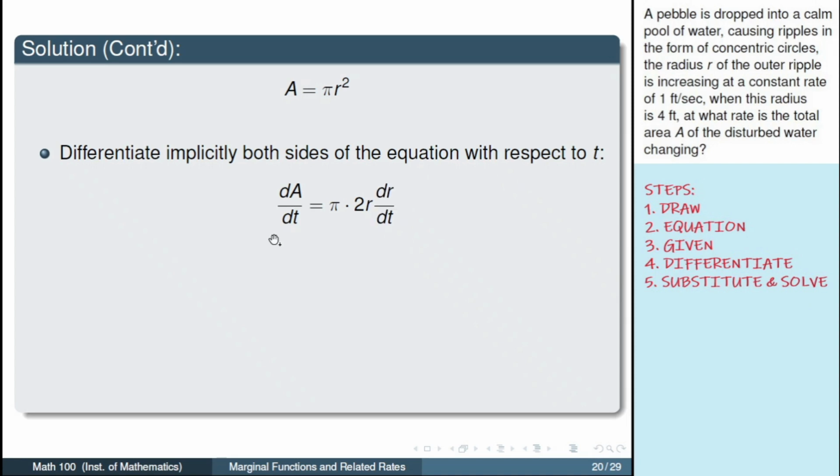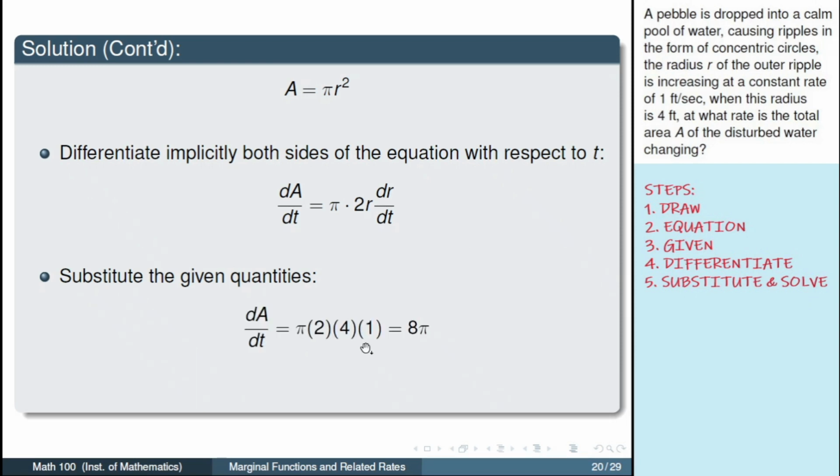So, ang hinahanap again natin ay dA over dt. Ang kailangan natin ay r at saka dr over dt. So, enough na yung information natin from earlier. We are good to substitute kasi meron na tayong r at dr over dt. Hence, substituting the quantities, we have dA over dt equals pi times 2 times our r is 4, dr over dt is 1.